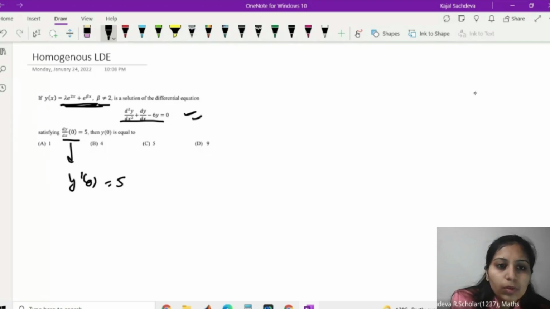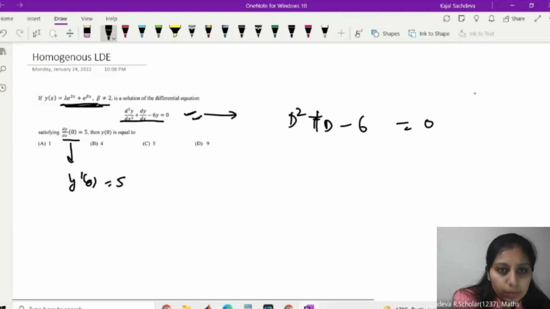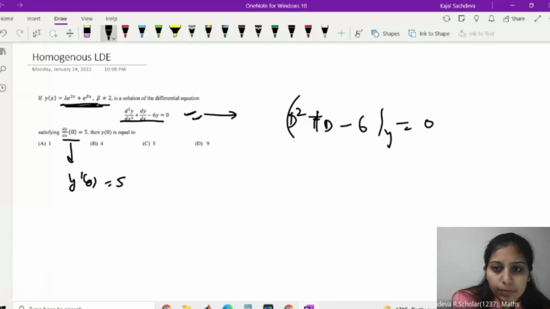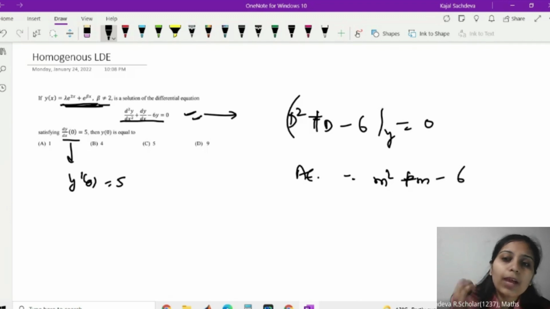So we can see from here in symbolic form we can write it as D square plus D minus 6 is equal to 0. This is a symbolic form. Or we can write auxiliary equation as m square plus m minus 6. So by this we are not to even find root, because one root is given, e raised to power 2x, so one root must be 2.